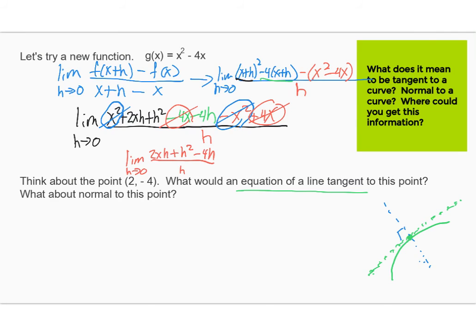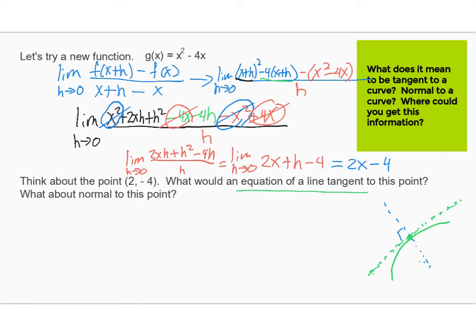You might notice that since all of those pieces have an h, I could factor something out and reduce that. At that point, I'm going to have the limit as h approaches 0. Factoring out an h and canceling with the bottom is going to leave me with 2x plus h minus 4. And finally, when I plug in my 0 for h, I'm left with 2x minus 4.